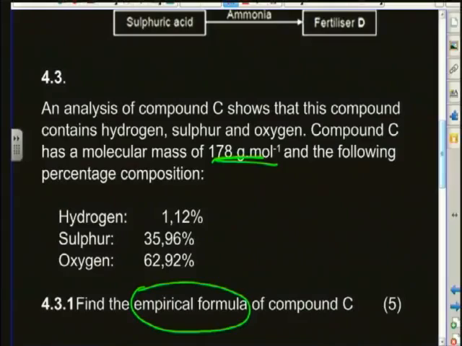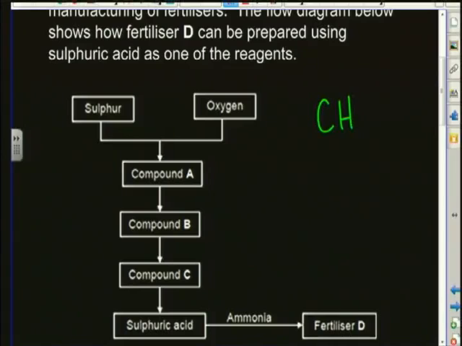Empirical formula means the lowest ratio in which the atoms bond. Okay, empirical, lowest ratio. So for example, this is a little bit organic, let's look at your alkenes.